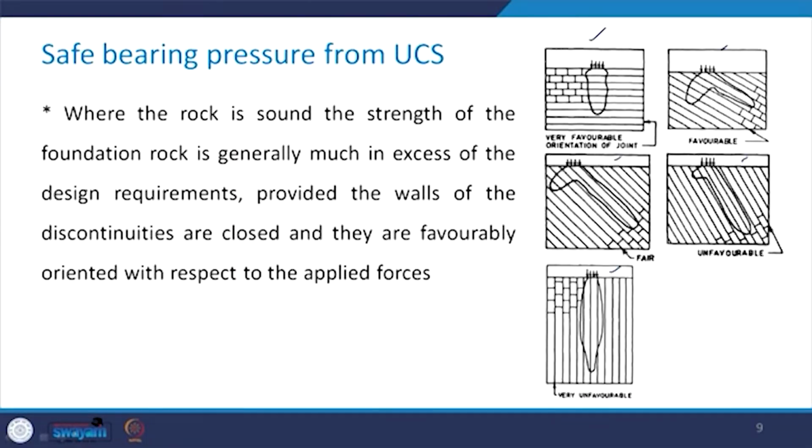So take a look once again and then you will be able to appreciate how the orientation of the discontinuities can be very favorable, favorable, fair, unfavorable or very unfavorable as far as the placement of the footing on such types of rock masses is concerned.